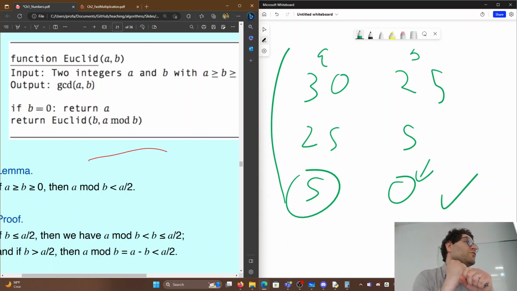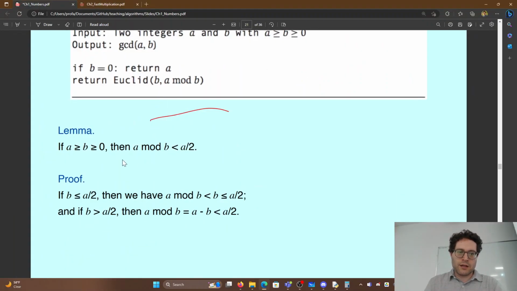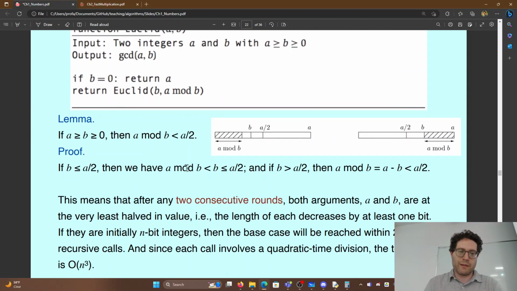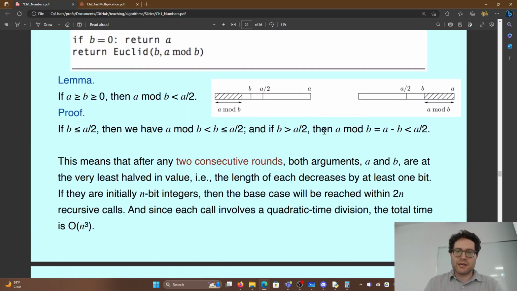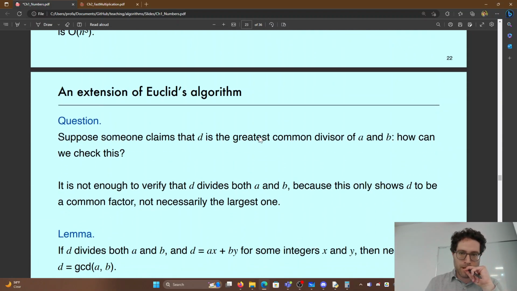That shrank very, very quickly. So if B is less than or equal to A over 2, there's the math there, but basically, again, I will review this proof so I can better explain it on Tuesday for you.